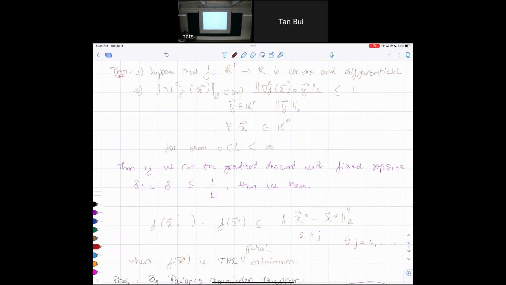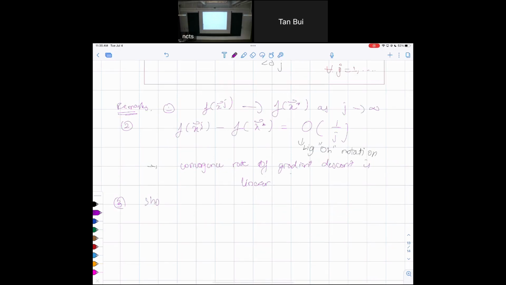Another remark that I want you to work on as a different exercise: we showed the condition on the Hessian, which looks so strong.